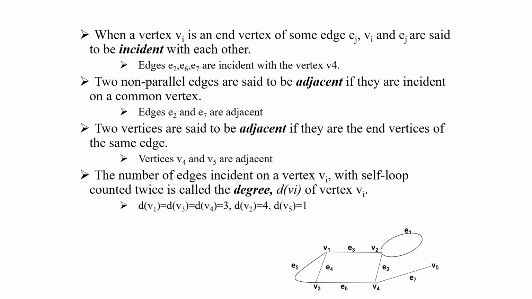Degree of V2 is equal to 4 because V2 has two edges incident on it and one self-loop. A self-loop should be counted as degree 2. So degree of V2 is equal to 4. Degree of V5 is equal to 1 as only one edge is incident on V5.